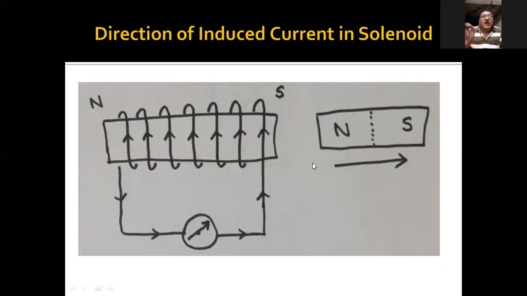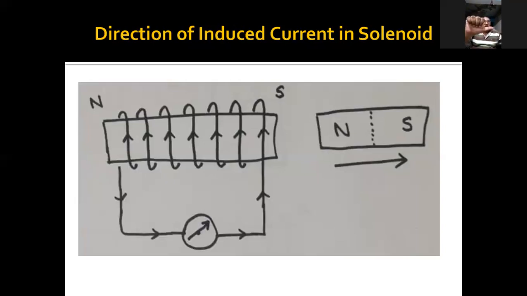Then if you want to predict the direction of the current induced in the solenoid, use the right hand grip rule. Hold this solenoid in your right hand in such a way that your thumb is pointing towards the north pole. So I will hold it in my right hand in such a way that my thumb is pointing towards the north of this solenoid.